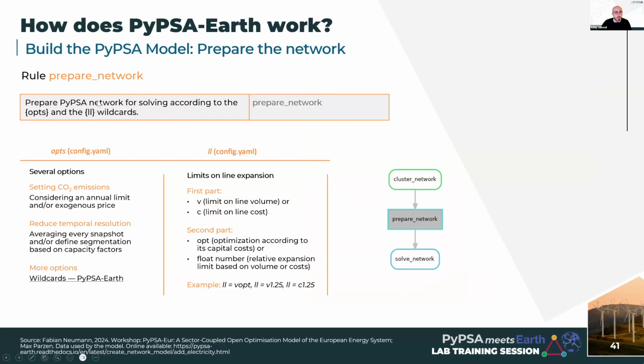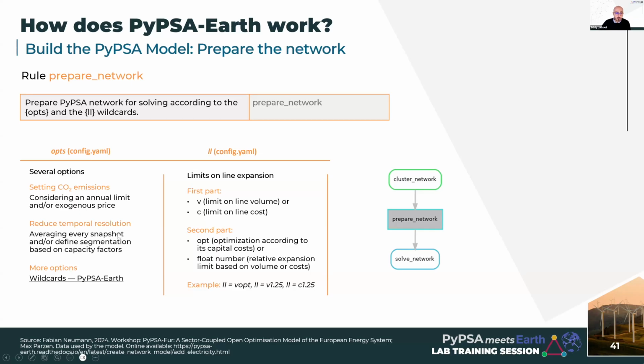So for the electricity network, we just prepare the network here based on two wildcards. In the config file, we previously saw OPTS, which is like some kind of options, and then the second wildcard. The first one sets, for example, CO2 emissions, as Anton already mentioned, and reduces the temporal resolution.